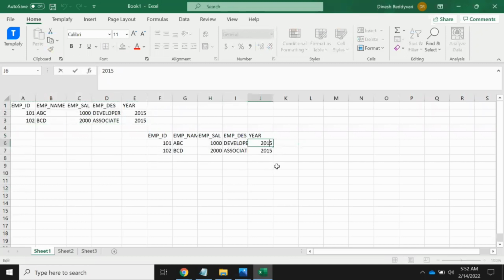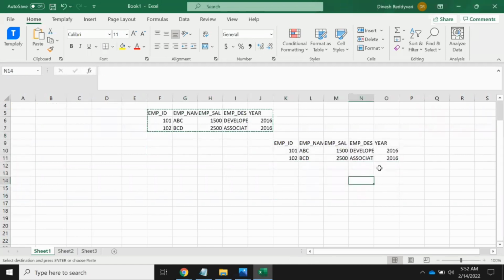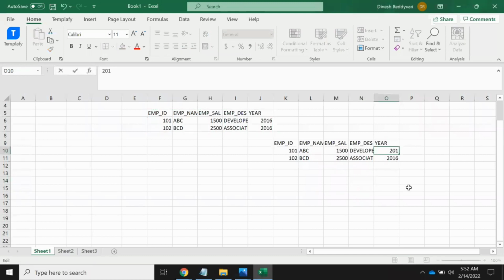Now observe 2016. The year is updated, and the designation stays the same, and the salary is 1500 here and 2500 here, for the same employees, and the remaining details are the same. This is for 2016. Again, next year, let's observe what is happening in 2017.